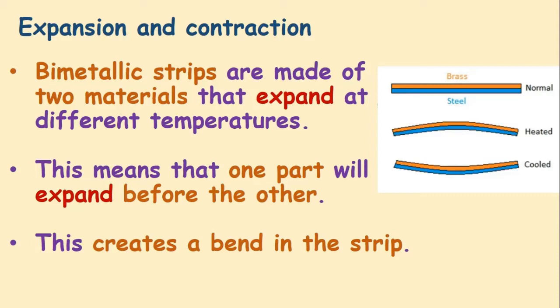Bimetallic strips are made of two materials that expand at different temperatures. This means that one material within the strip will expand before the other one. This creates a bend in the strip.